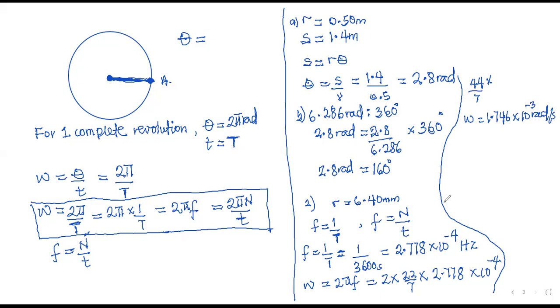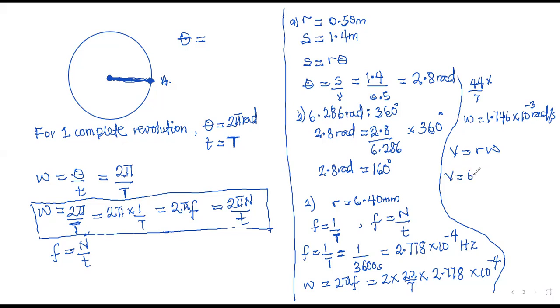Radian per second. And lastly, the speed of its free end. V is equal to R omega. R, change R to meter.